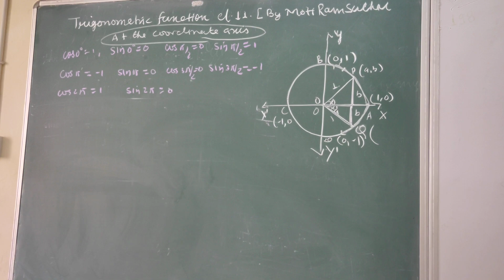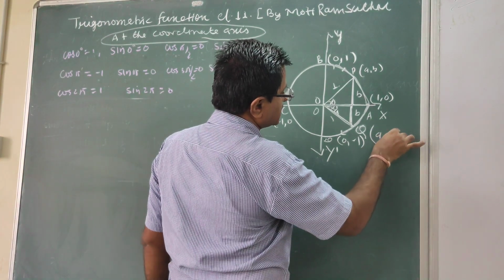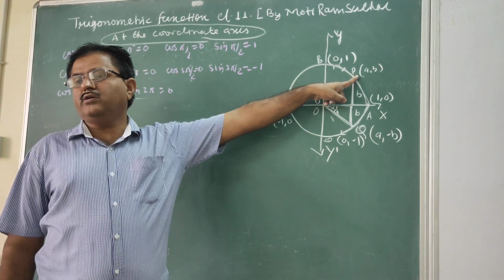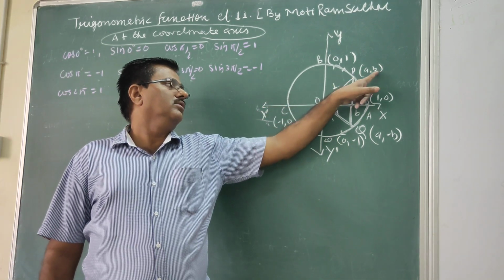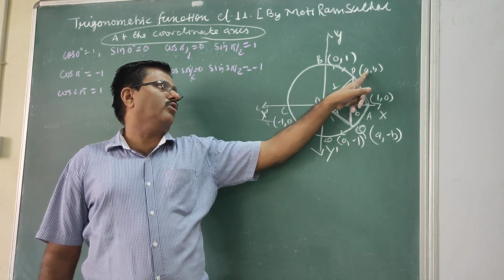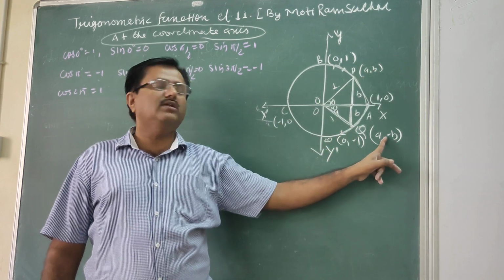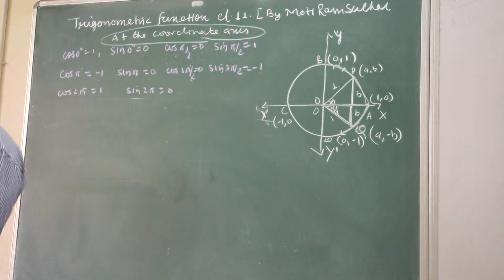So the coordinate of Q will be (a, -b). In coordinate geometry you already saw, if the point P is in the first quadrant, both coordinates are positive. But if it is in the fourth, then x is positive and y will be negative. Clear? So we get the coordinate of the point Q.